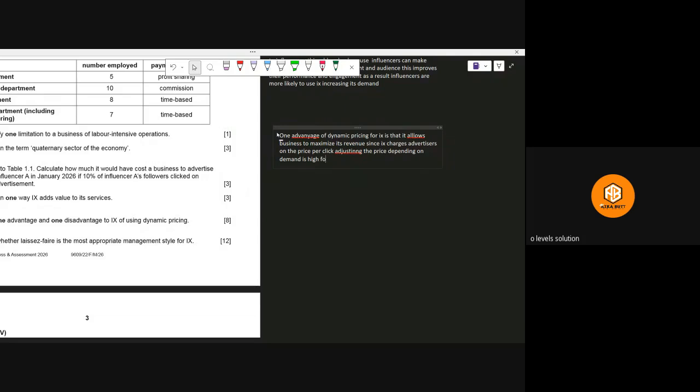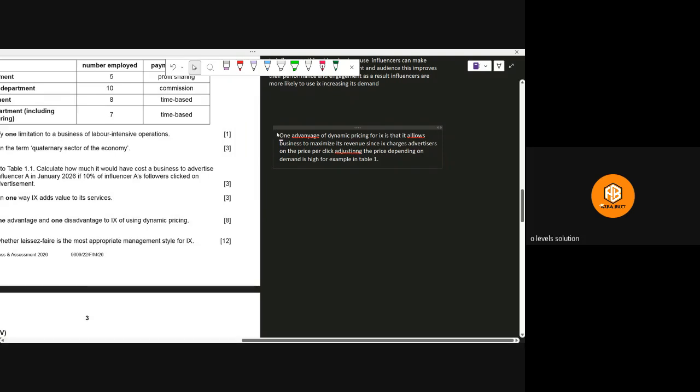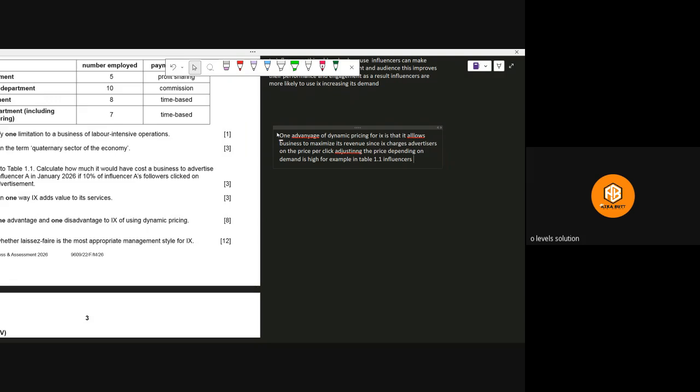So, for example, we saw in Table 1.1, influencer A's price per click increased from 0.2 to 0.4.